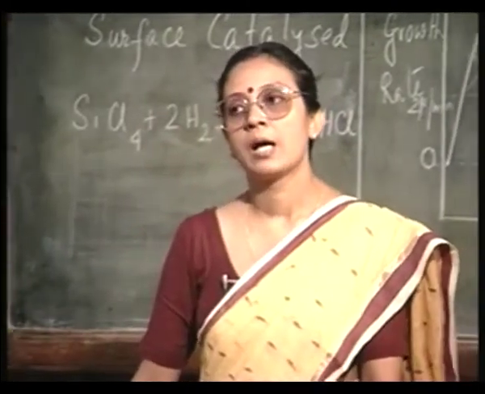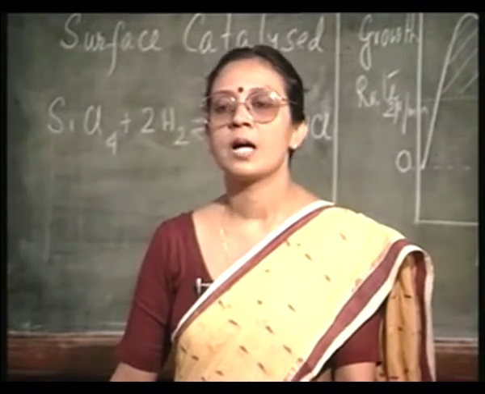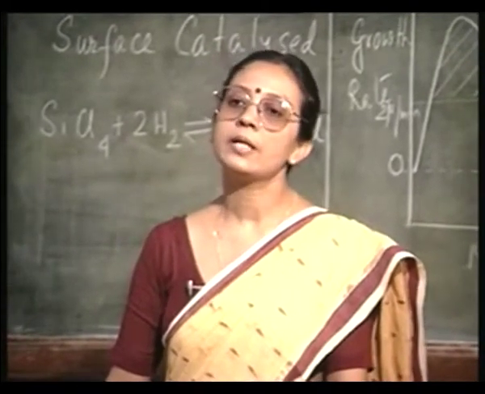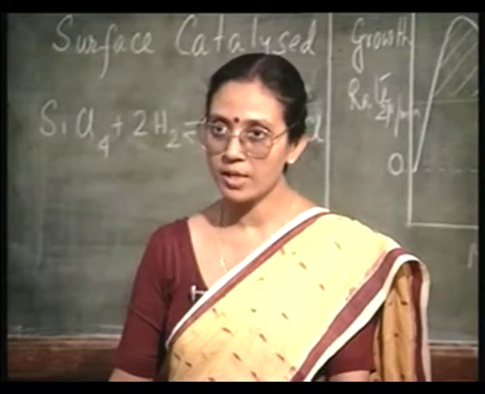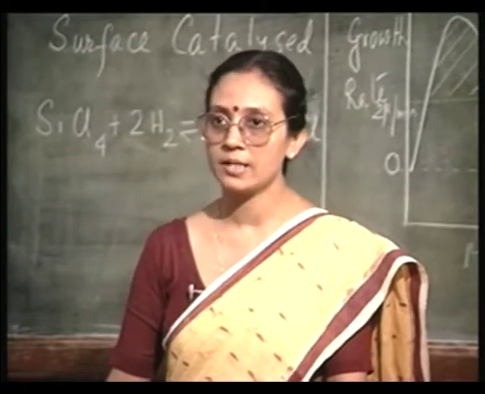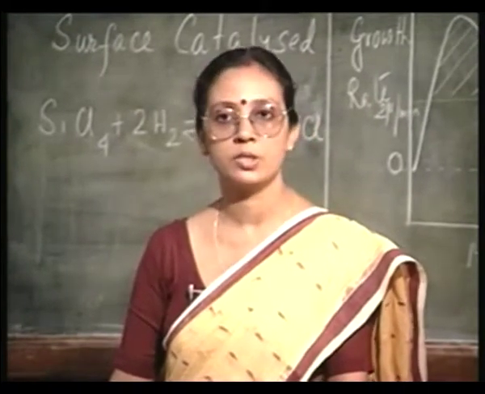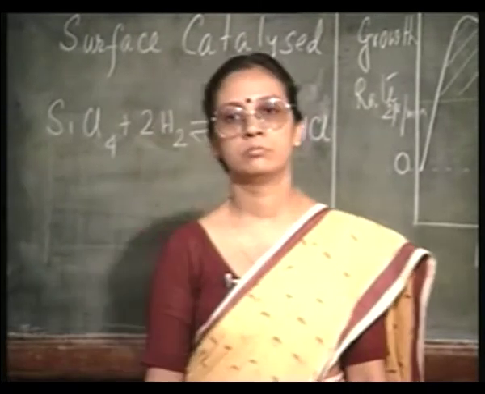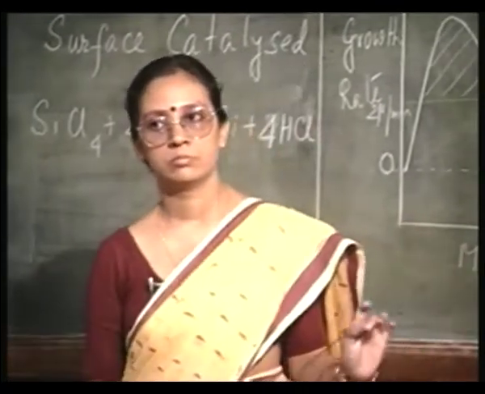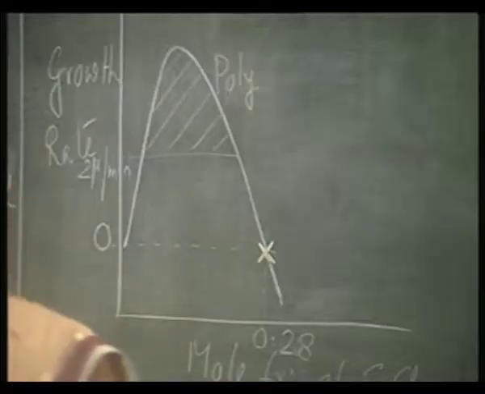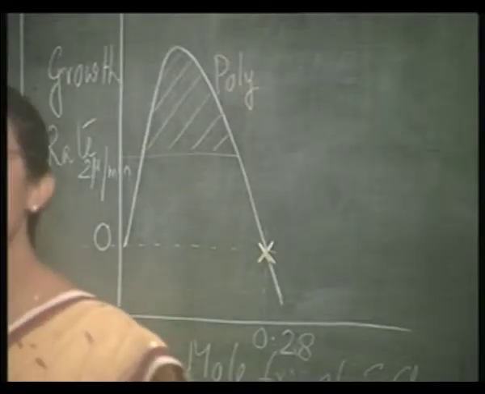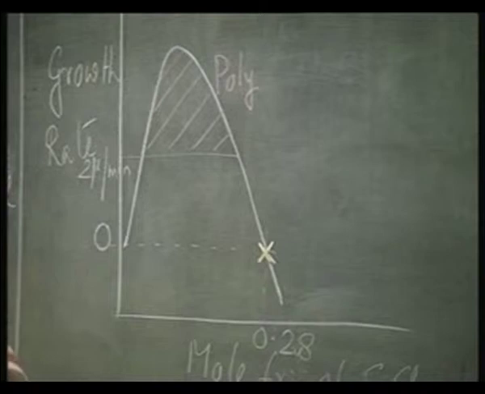Now, the next point is, I have already told you that we can use either silicon tetrachloride or some chlorosilane, SiHCl3 or SiH2Cl2. Which one do we use? Which one is most convenient? Now, silicon tetrachloride is the most stable material.